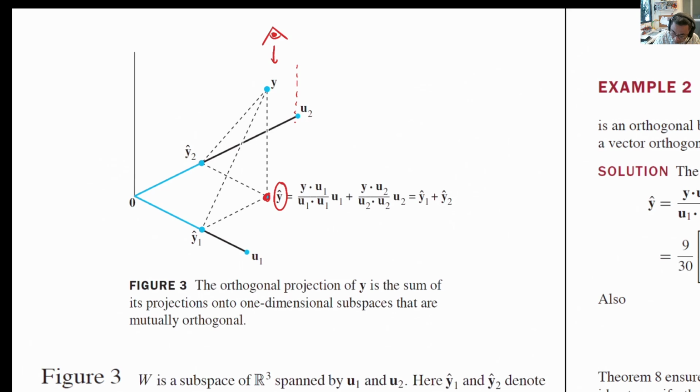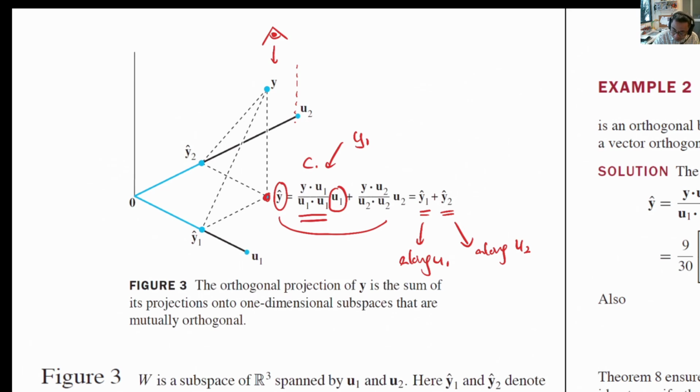We now want to decompose y hat into elements y hat 1 and y hat 2, where y hat 1 is along the direction of u1 and y hat 2 is along the direction of u2. This equation clearly shows y hat 1 along the direction of u1 being scaled by this value.